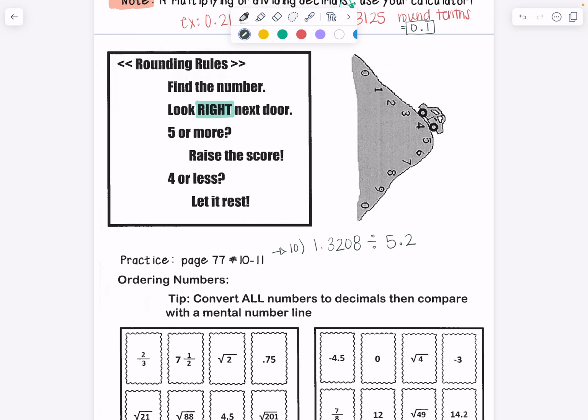So again, decimals multiplying or dividing, just type them in. 1.3208 divided by 5.2. And I get out 0.254. Now make sure you're typing that into the calculator with me. Don't just trust me. 0.254. And it says, what digit is in the hundredths place?